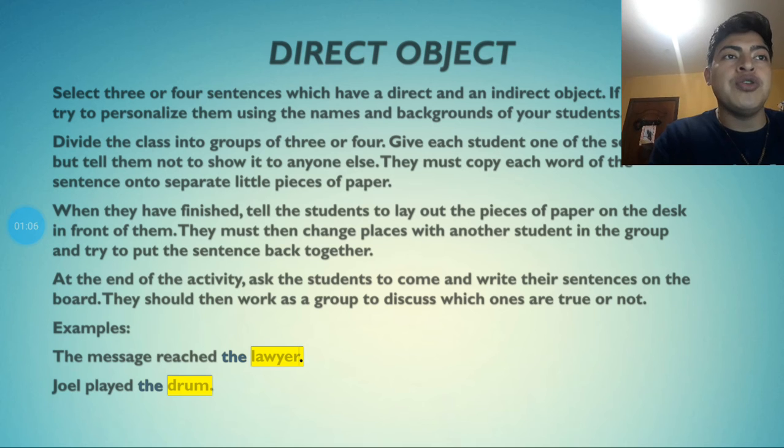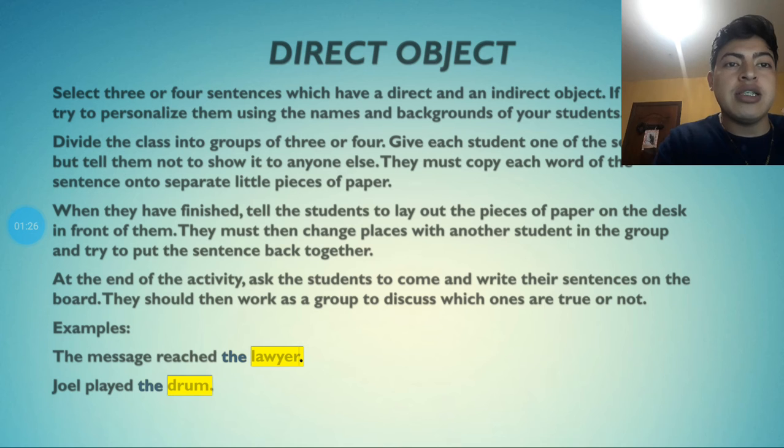Give each student one of the sentences, but tell them not to show it to anyone else. They must copy each word of the sentence onto separate little pieces of paper. When they have finished, tell the students to lay out the pieces of paper on the desk in front of them. They must then exchange pieces with another student in the group and try to put the sentence back together.